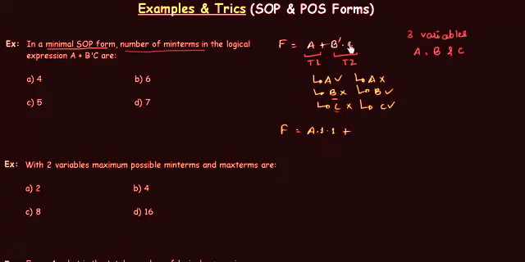And for this term, we have B and C, but we don't have A, so we will AND 1 for this A. Now I can write this 1 as B or B complement, this one as C or C complement, and in this term we already have B complement and C, and we will write this 1 as A or A complement.